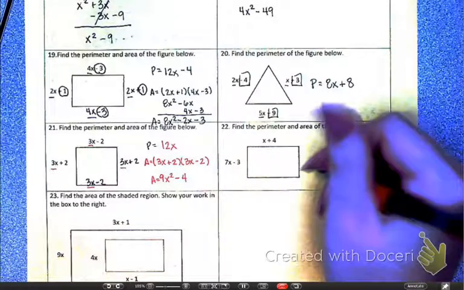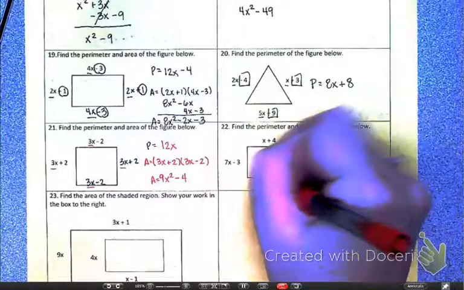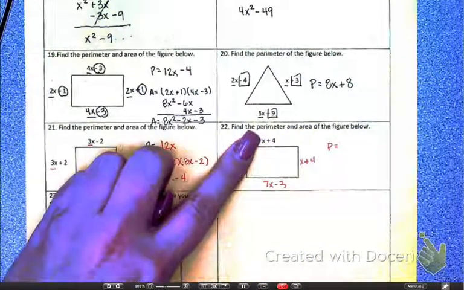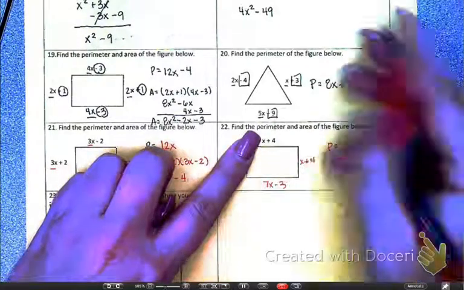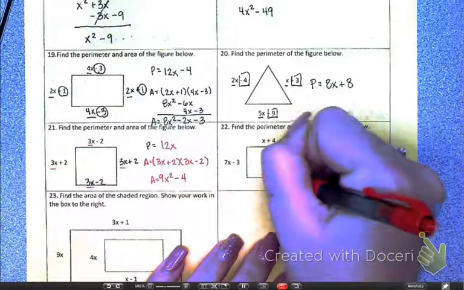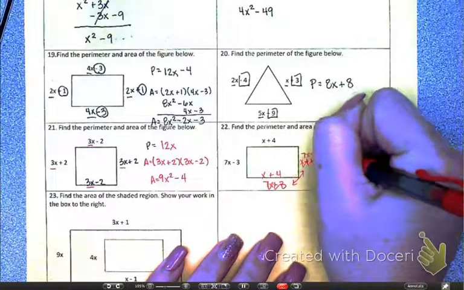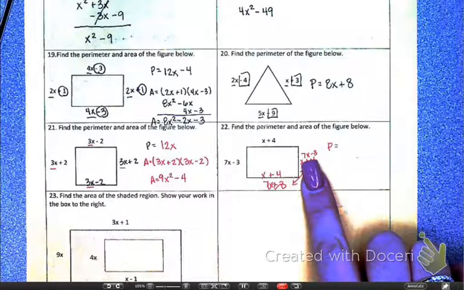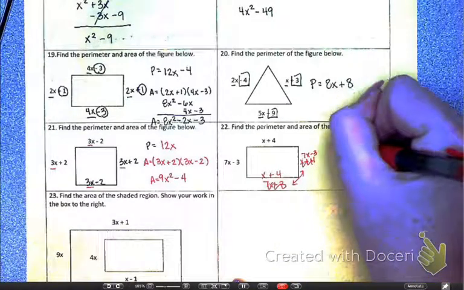Okay, for this next one, perimeter. If I add everything up, 7x plus 1x is 8x. Okay, I wrote those backwards. Hold on. So 8x plus 7x is 15x. Plus one more is 16x.